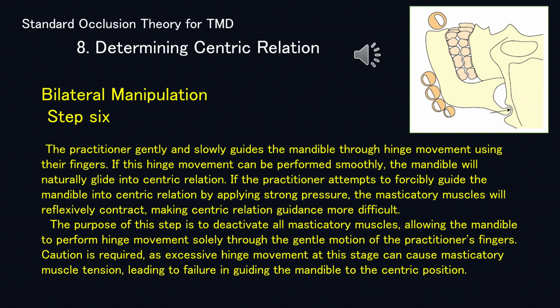The purpose of this step is to deactivate all masticatory muscles, allowing the mandible to perform hinge movement solely through the gentle motion of the practitioner's fingers. Caution is required, as excessive hinge movement at this stage can cause masticatory muscle tension, leading to failure in guiding the mandible to the centric position.